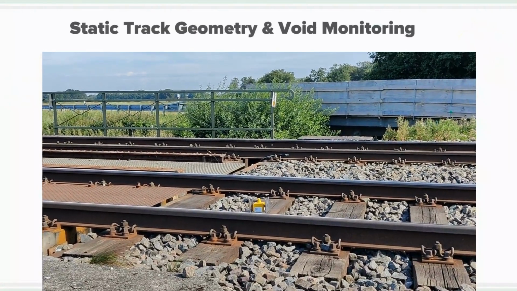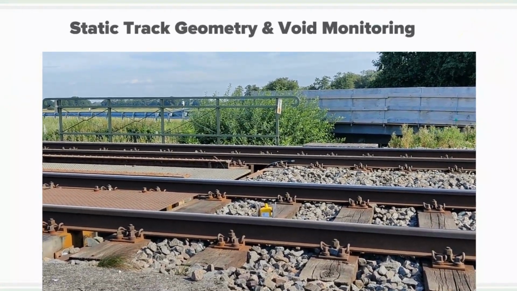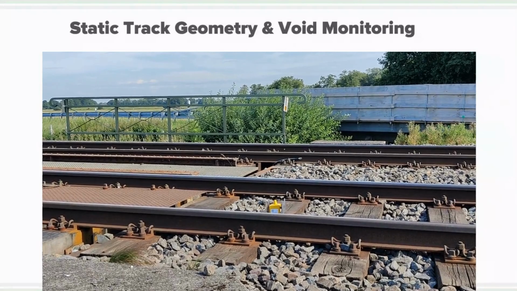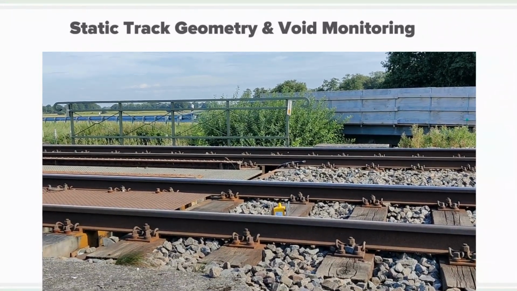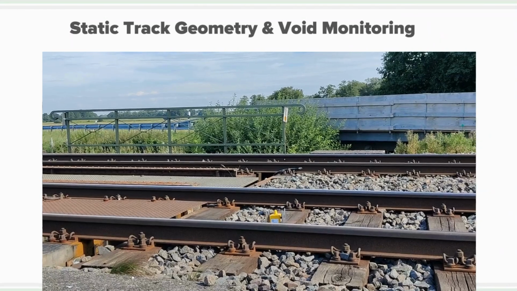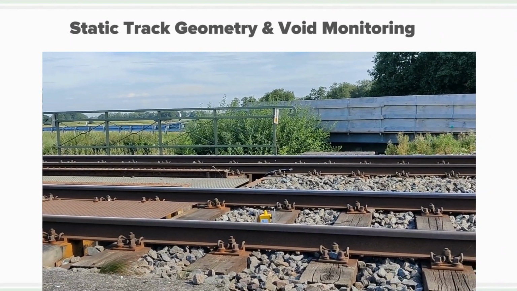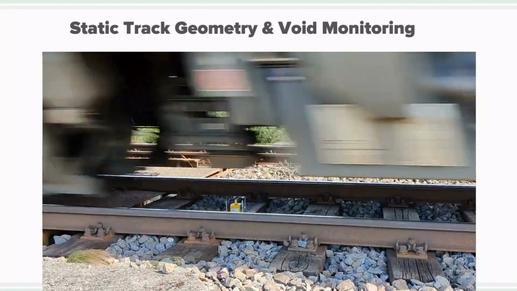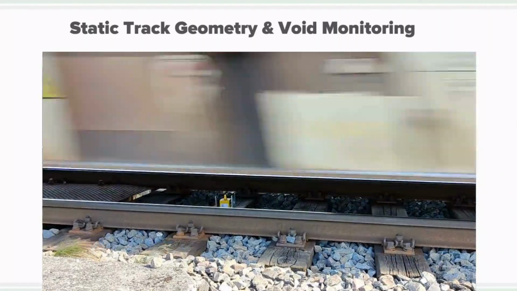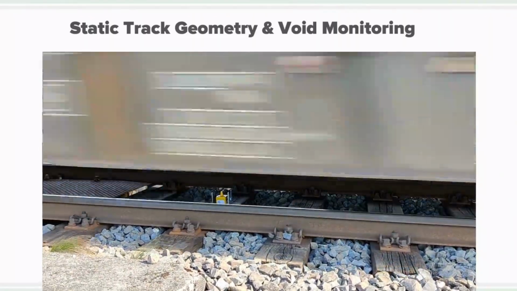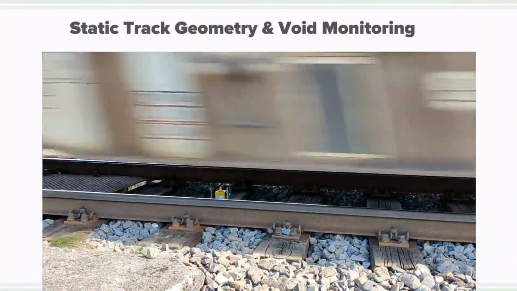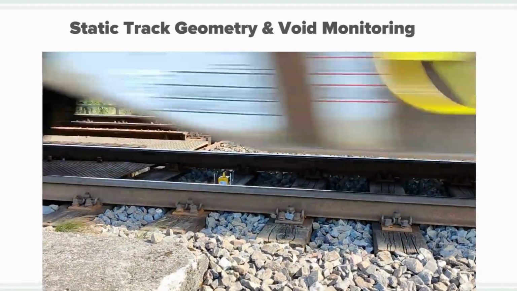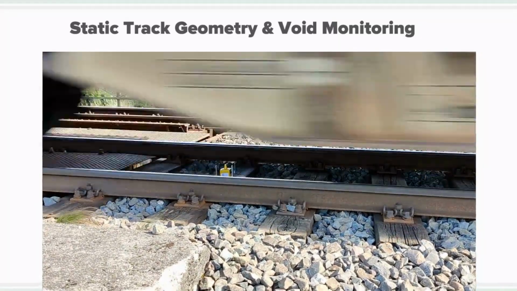This is a small video of the same site. We are trying to run it, and hopefully you will be able to see it if the performance of the internet allows us to do it. So as you can see here, the track is moving downwards, and the sensors will of course monitor these movements.